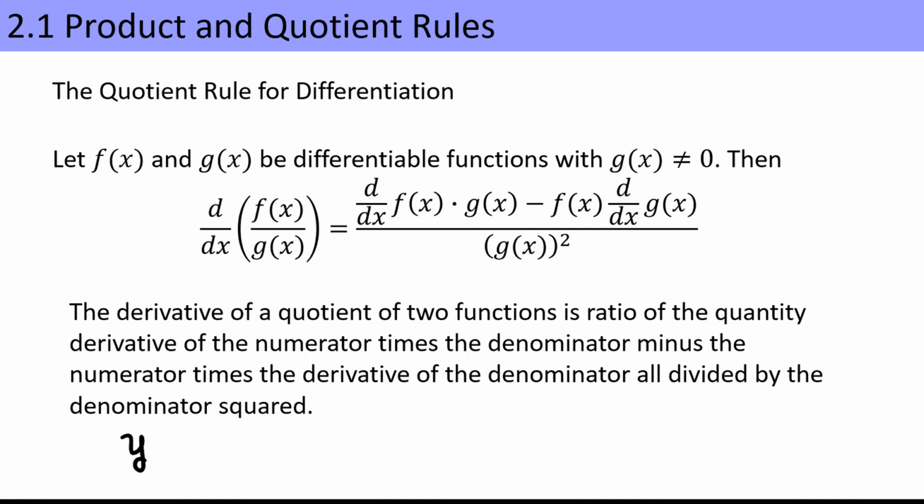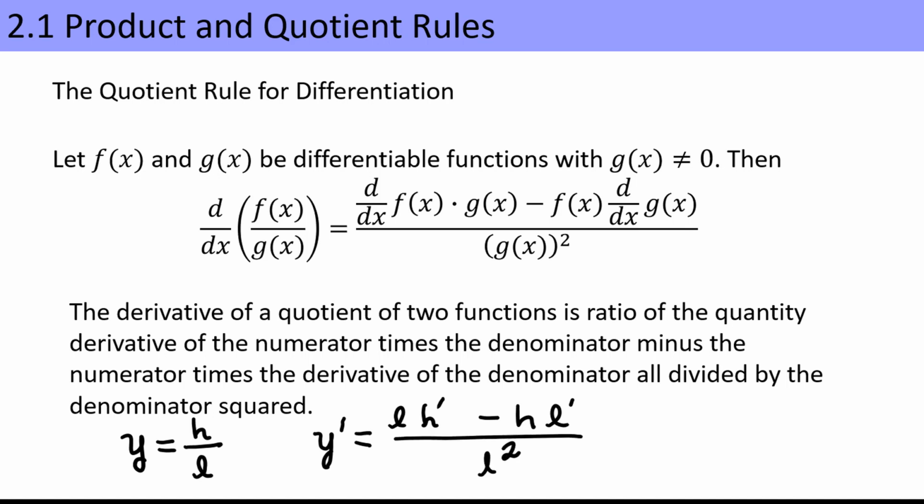That is, if I have a function y, and I'm going to have h over L as in high over low. And so if I want the derivative, I remember it as, we'll begin, low d high, that's the derivative of the high, minus high d low, divided by L squared.